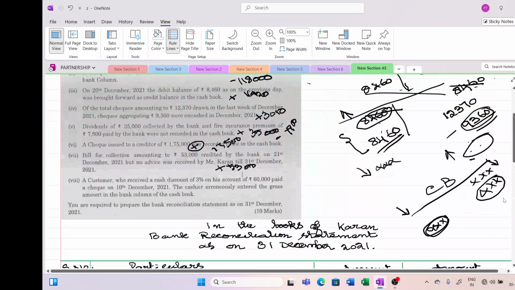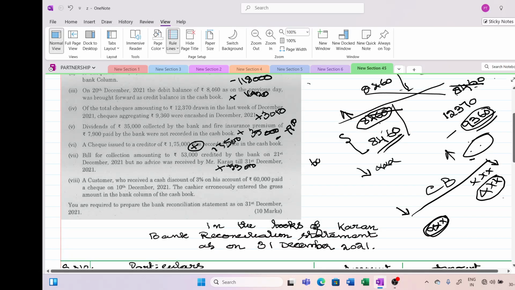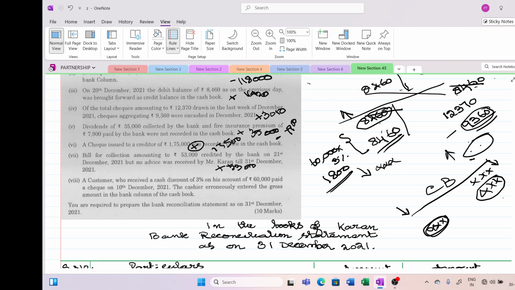So the last item is a customer who has received a cash discount of 3%. So he has to make us payment 60,000, but we have allowed a discount of 3%. So 3% of 60,000 is 1,800. So he would have given a check to us for 60,000 minus 1,800, 58,200.